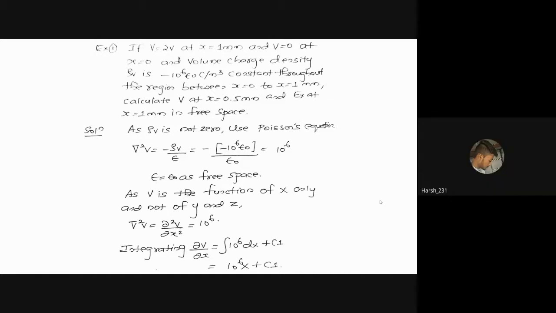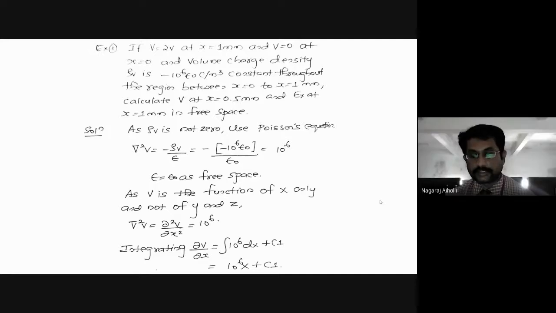Sir, at x is equal to 1, C1 plus C2 equal to 2 minus 10 to the power 6 by 2.